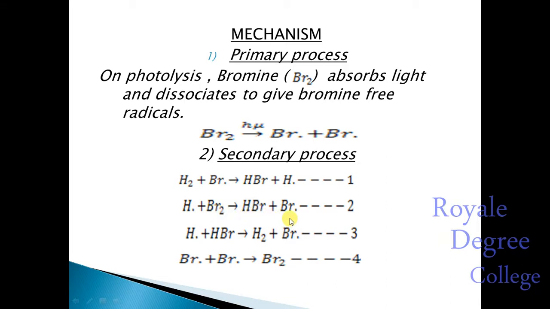The third step is hydrogen free radical reacting with hydrogen bromide, and we get a hydrogen molecule and bromine free radical. Fourth step is bromine free radicals. Both the bromine free radicals will react, and as a result we get a bromine molecule. This is our fourth step.